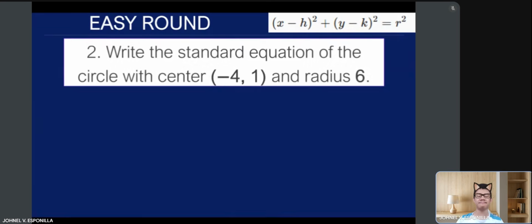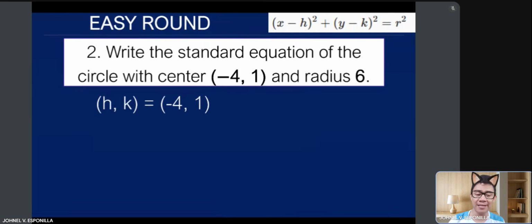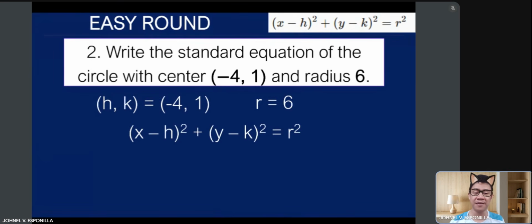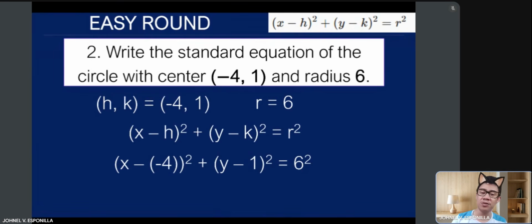Number 2. So same, we need to find the standard equation of the circle with center negative 4, 1, and radius 6. Ang given pa natin ay center. So h natin ay negative 4, while the k is equal to 1, and the radius is equal to 6. And this is the standard equation of the circle. Substitution.